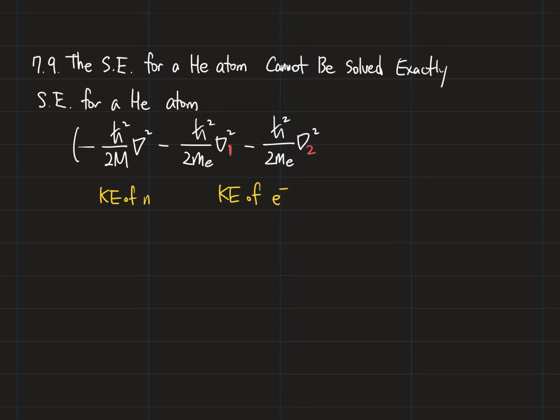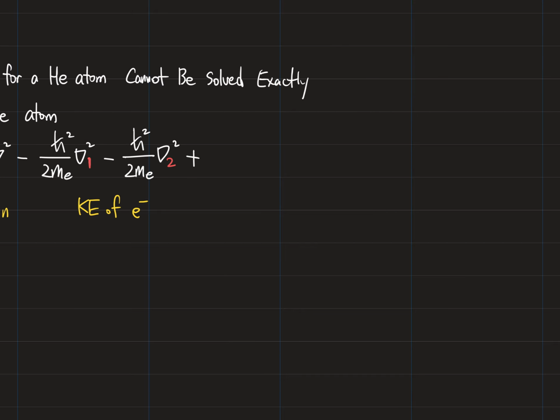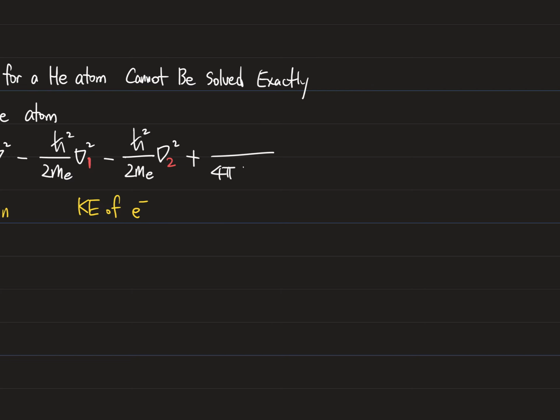And we have the potential energy. So potential energy between nucleus and electron. So the nucleus charge should be 2, so 2 here.